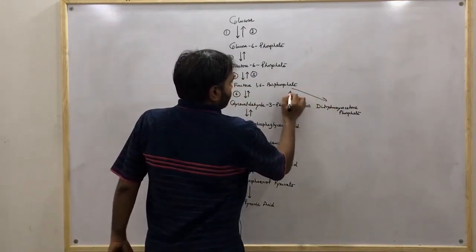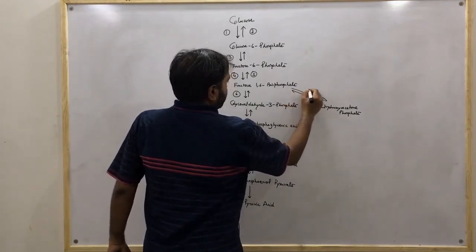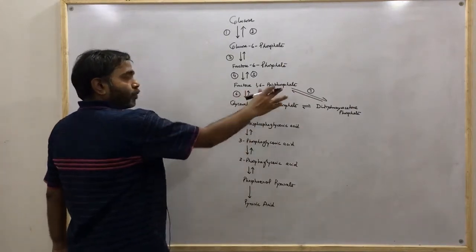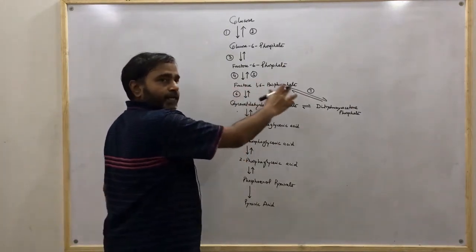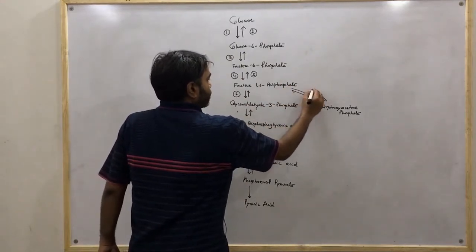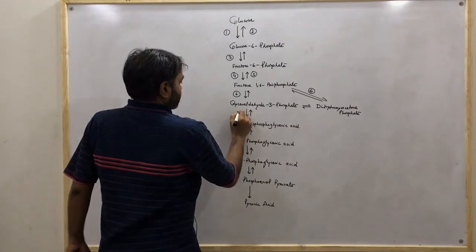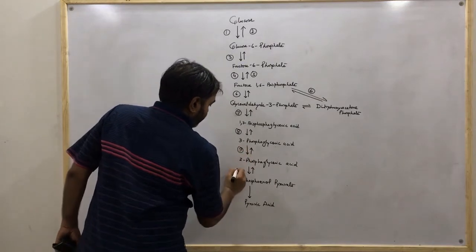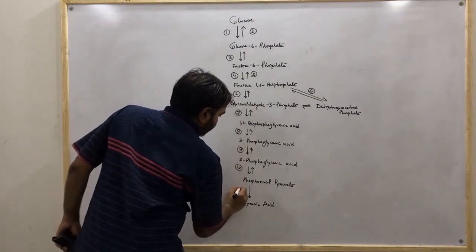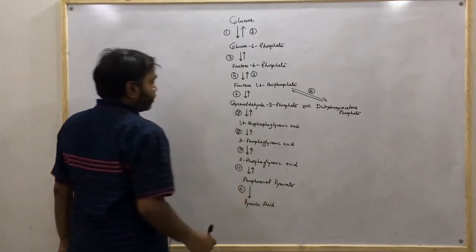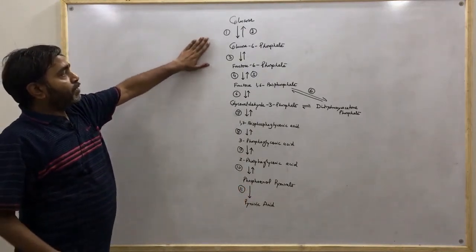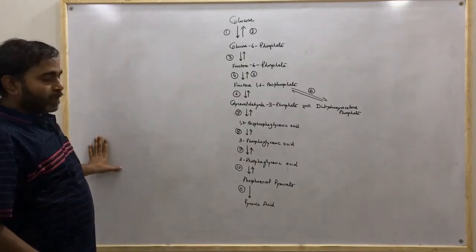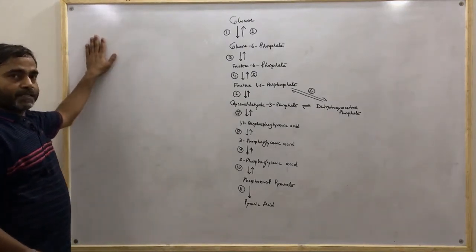The interconversion is also possible over here directly, so we may write it 7, or you can write 6 because both are the same. Enolase enzyme will work here also and here also, so you need to write 6 only. Likewise here 7, here 8, 9, 10 and 11. So we will write the name of the enzyme with this particular number so that we may clearly represent it, and you may just write it with me and then after try to remember this.